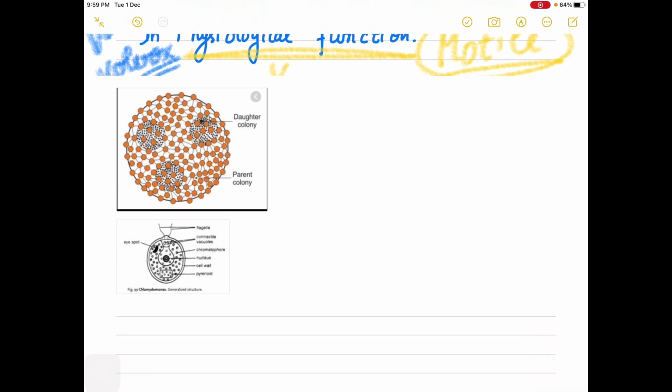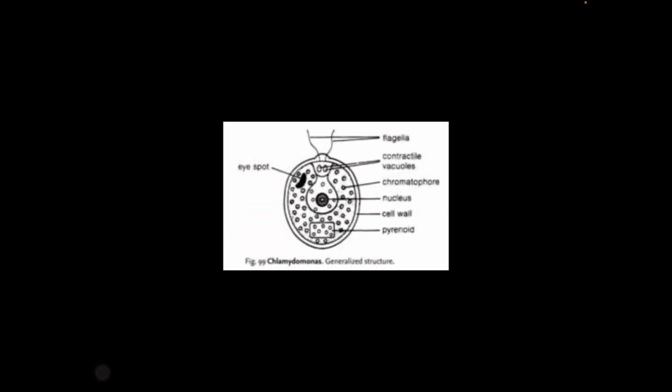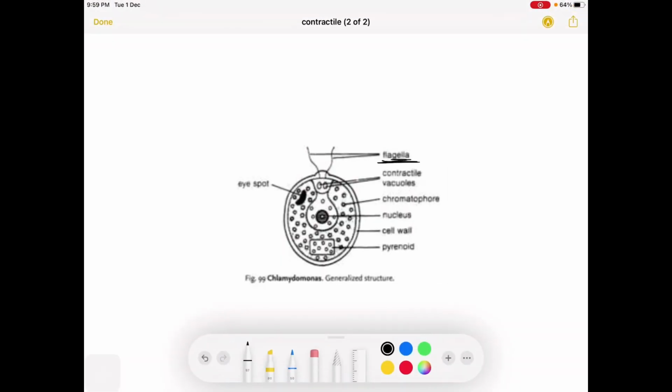And the next structure is Chlamydomonas, in which there are flagella. Let's write it down more specifically so that it is clear to you. Flagella, right? And after this, these two are contractile vacuoles, and these small ones are chromatophores, right?